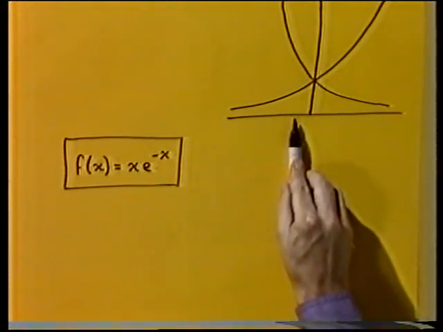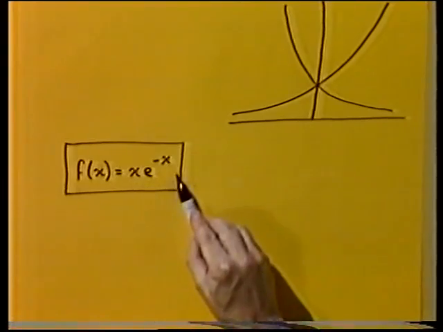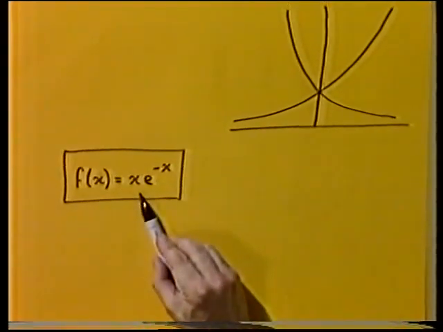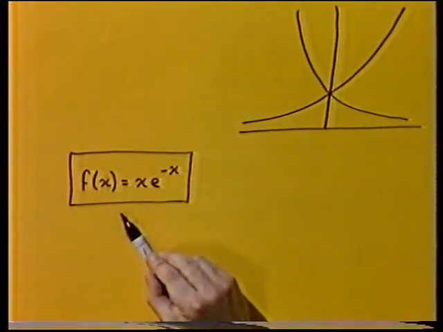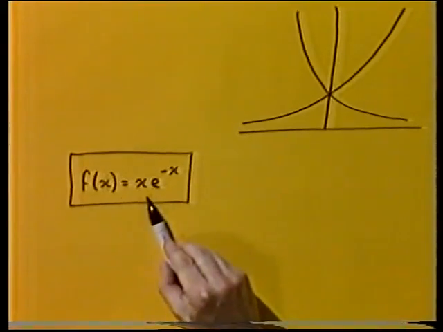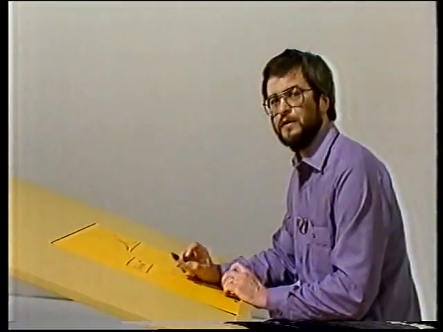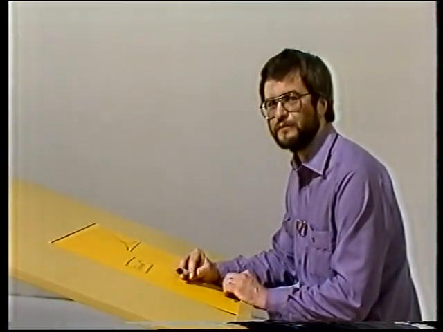In every case, the function is always positive. And that tells us something about x e to the minus x. It's 0 only when x is 0. And its sign, too, depends only on x. f of x is negative when x is negative, and positive when it's positive. So the graph crosses the x-axis just once, at x equals 0.